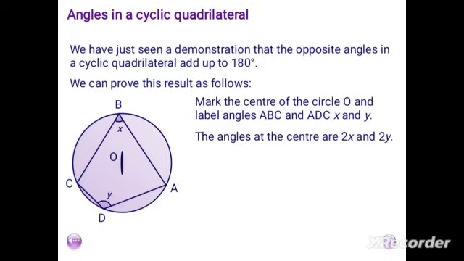So the angles at the center are 2X and 2Y, because the angles at B and D, that is X and Y, are angles on the circumference of a circle. And given the center, the angle that will be formed at the center will be twice the one on the circumference.